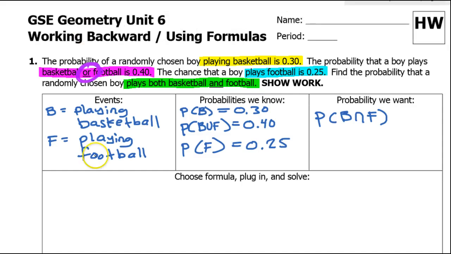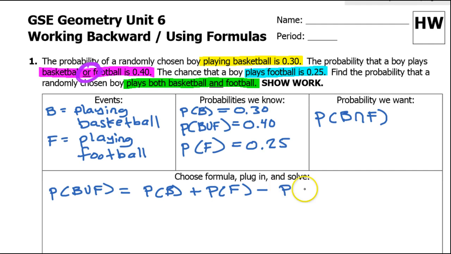The formula says the probability of B or F should equal the probability of B plus the probability of F minus the overlap, so minus the probability of B and F.